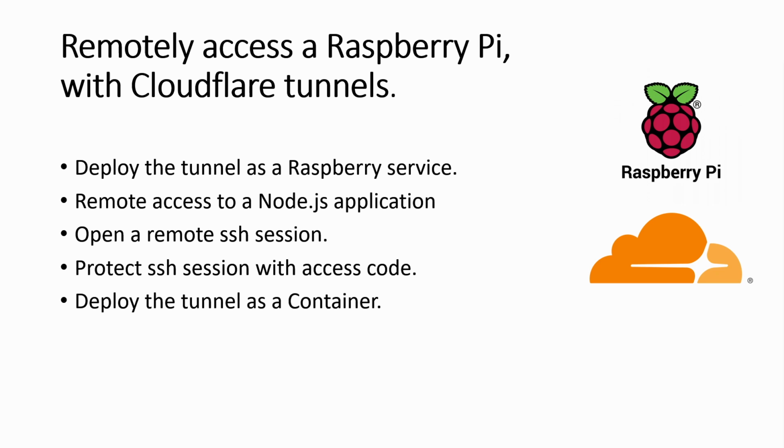We're going to show also how to access remotely over an SSH session, and also how to protect the access to this application. And lastly, we will show also how to roll out the tunnel, not as a service, but as a container running on your Raspberry Pi. So let's get to it.